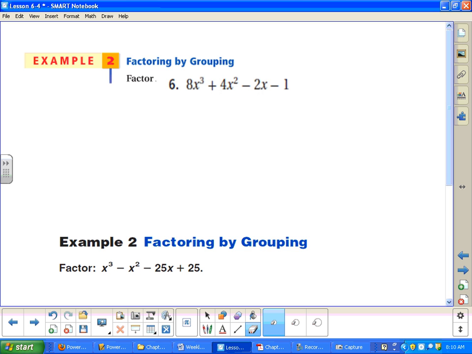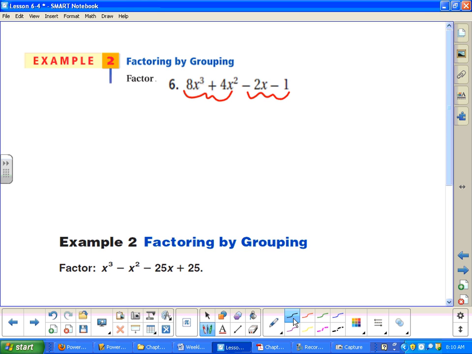When we talk about factoring by grouping, what we mean is we're going to take the first 2 terms and find the greatest common factor of them, and then take the last 2 terms and find the greatest common factor of them.